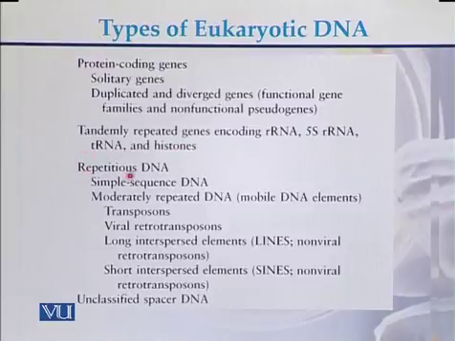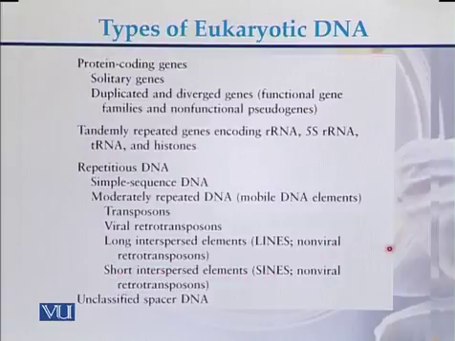In case of repeated DNA sequence, it can be in the form of simple sequence repeats, moderately repeated DNA sequences, which are also called mobile DNA elements. Moderately repeated DNA sequences can be transposons, viral retrotransposons, long interspersed elements like LINEs, and short interspersed elements like SINEs.